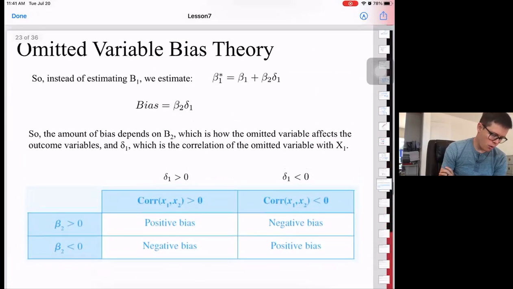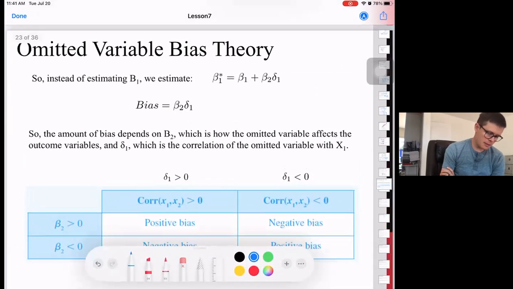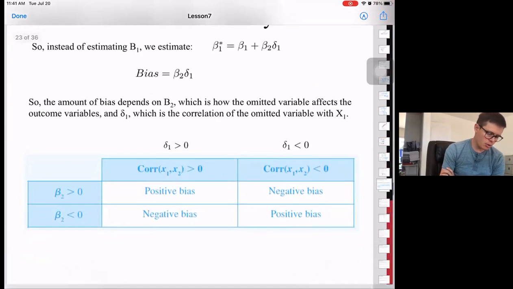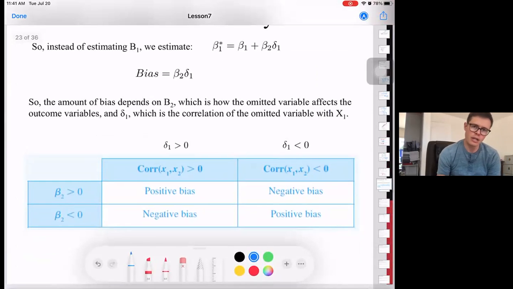So that's a really important piece. This is really interesting too. So the bias term is beta 2 delta 1. What that means is that we can calculate what size the bias is if we know something about the relationship between x1 and x2 and the beta 2 itself.